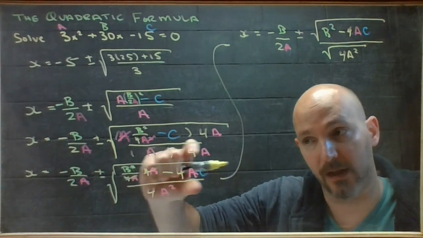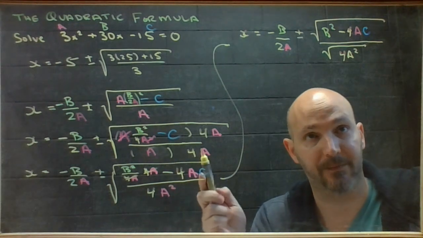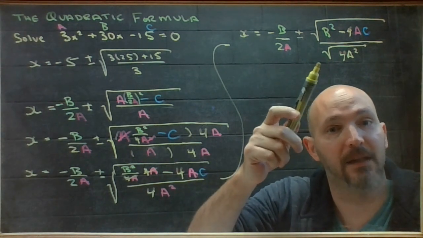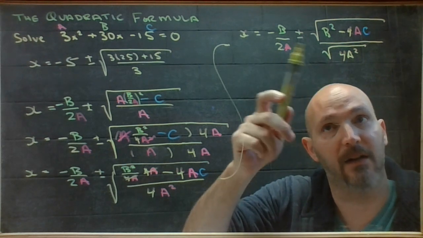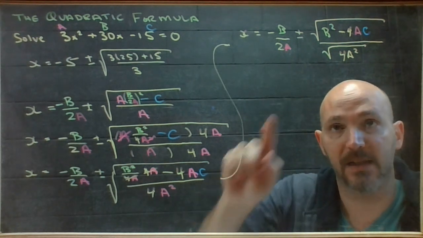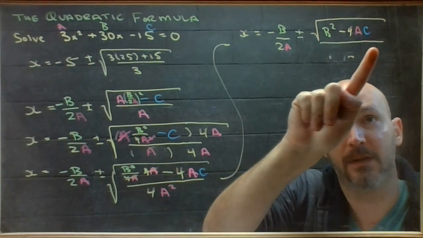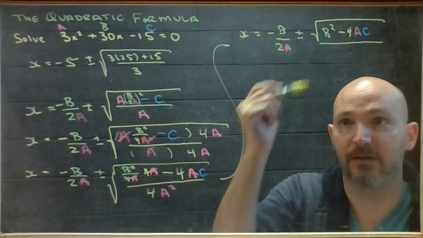Now, if you look at this thing in the bottom, the square root of 4 is 2, and the square root of a squared would be a. So this thing in the bottom is actually 2a.